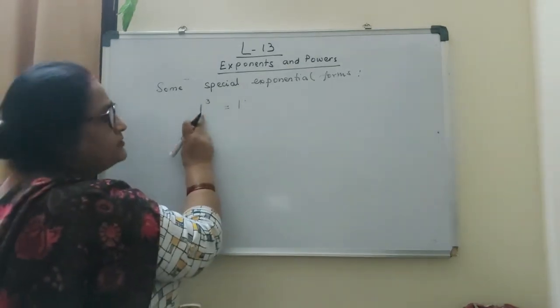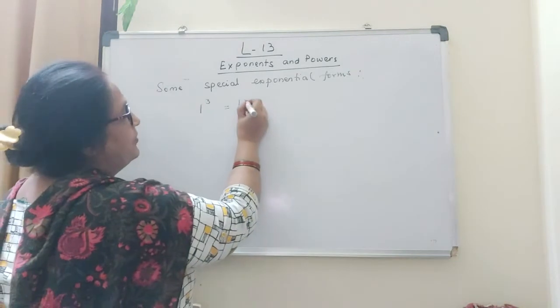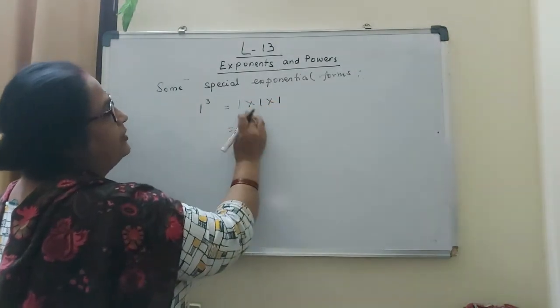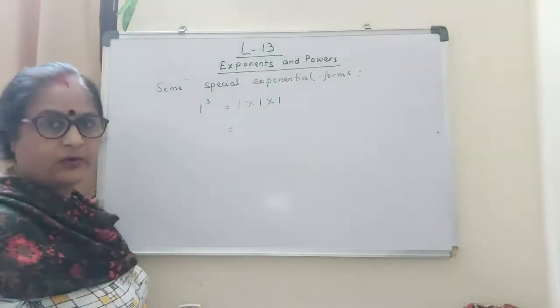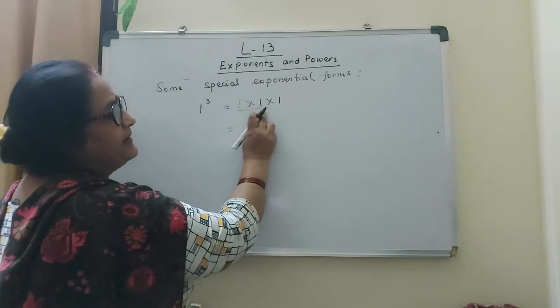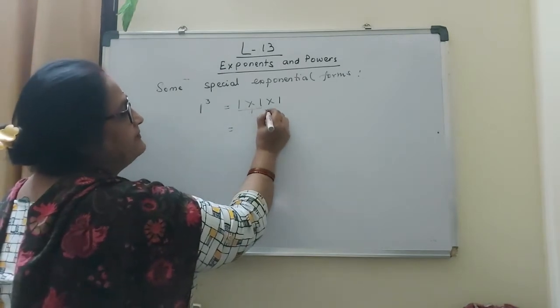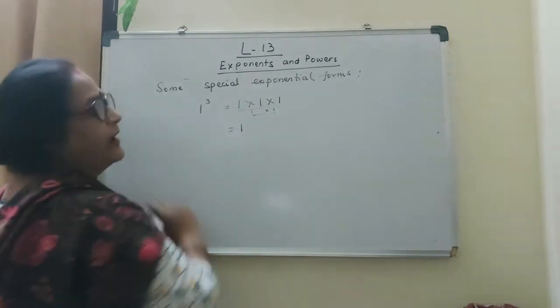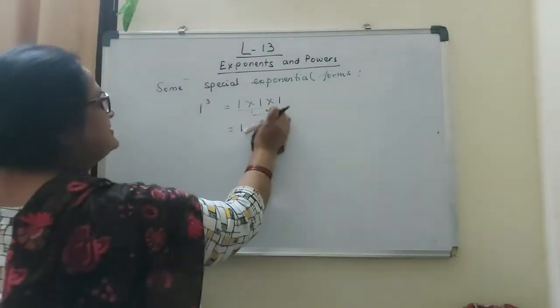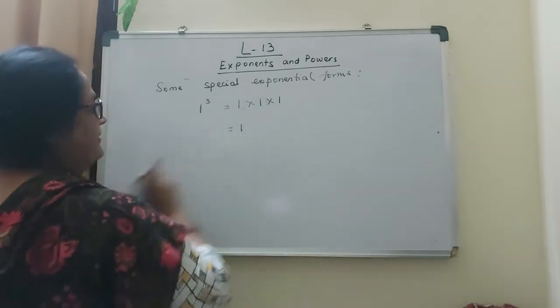So I'm going to write 1 three times: 1 multiplied by 1 multiplied by 1. 1 multiplied by 1 is 1. Multiplied by 1 is again 1. So 1 raised to the power of 3 is equal to 1.